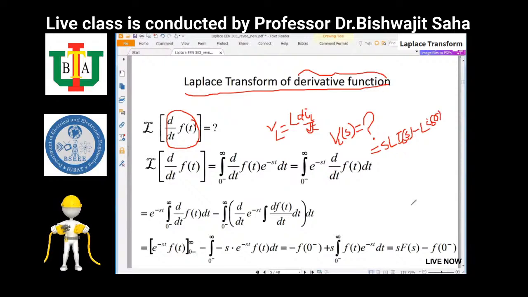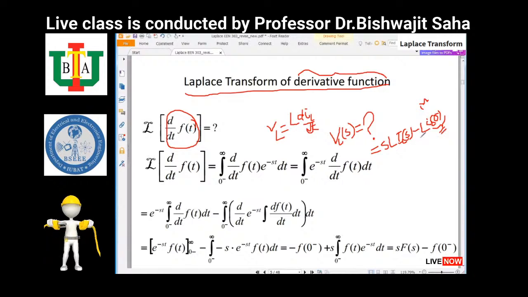This is the answer actually. So from here you can see that small IL 0 minus is the initial value, the initial current of the inductor. Okay, initial current. This is the initial current of the inductor.